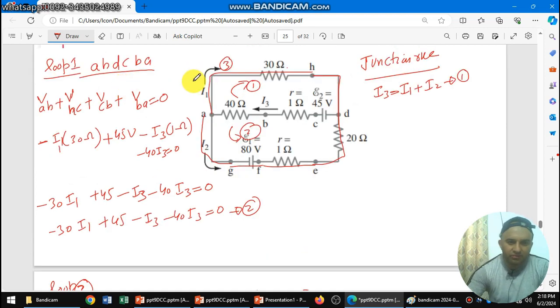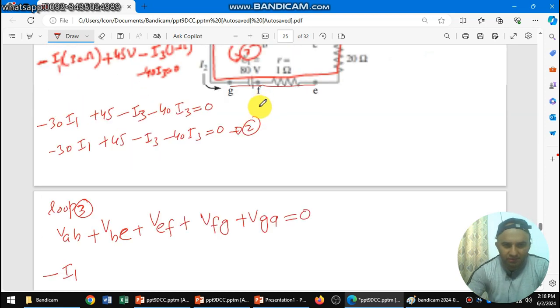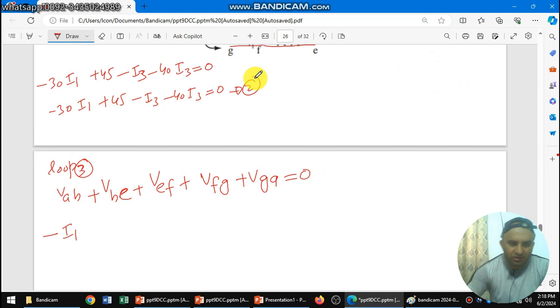We start from A to H. A to H is minus I1 times 30 ohm, because it is a resistor and we are moving in the direction of current, so we use negative.